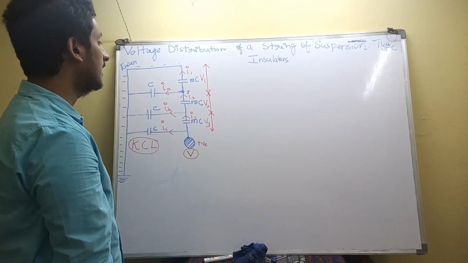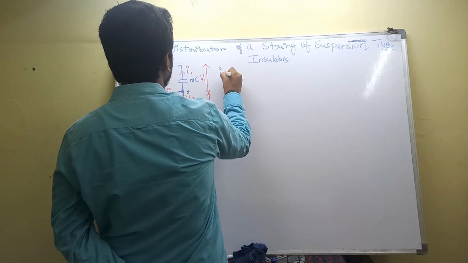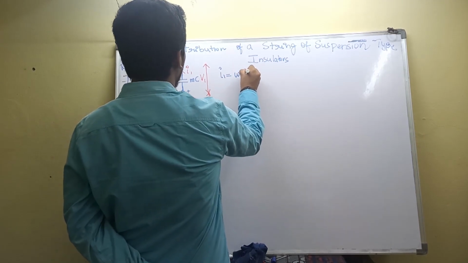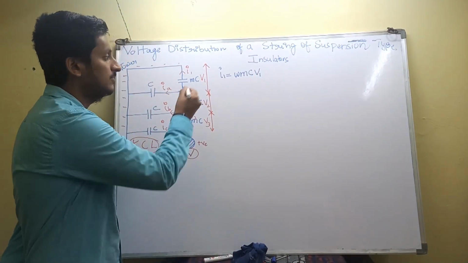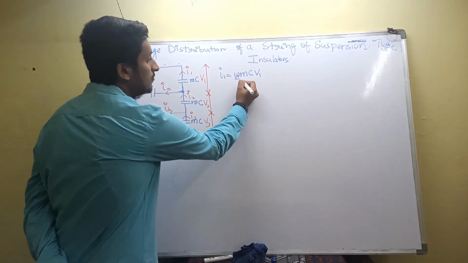Start with the current. So I can write I1 is equal to omega MC V1. Now your doubt will be, sir, why did omega come now? The omega is the angular frequency.